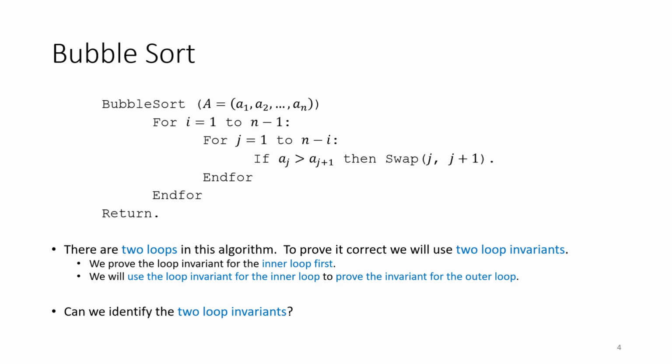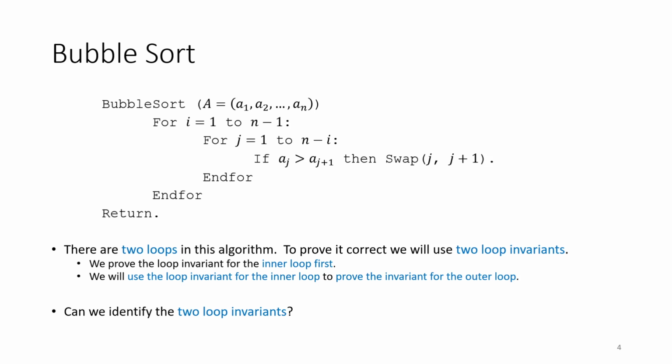What I want to pull out here is that we have two loops. The way we proved correctness before was by proving a loop invariant. Well, with two loops, that means there are two loop invariants. If the loops were side by side, we could do them separately, but because they're nested, one of these proofs is going to depend on the other.